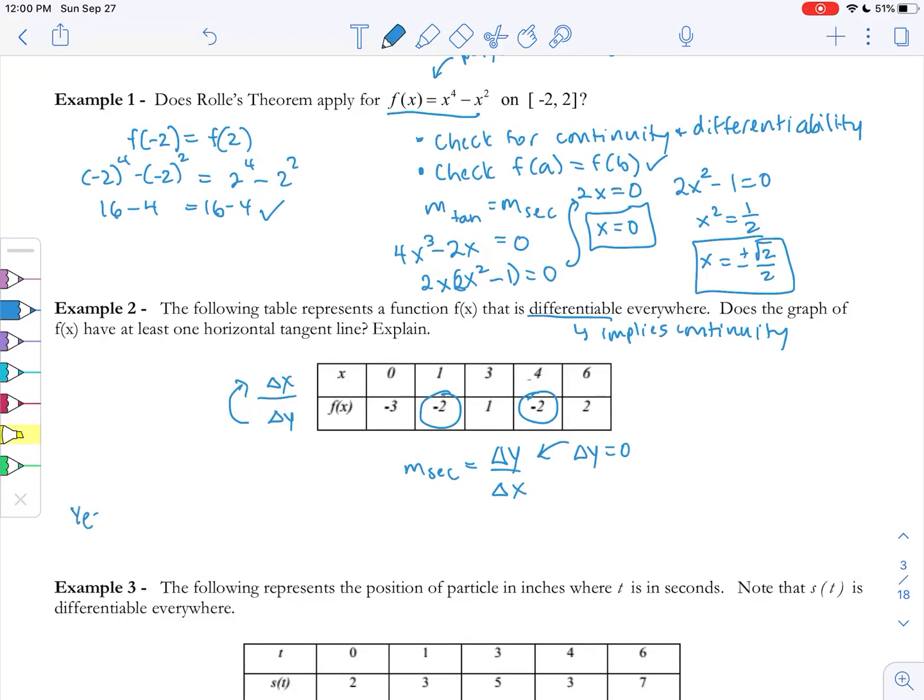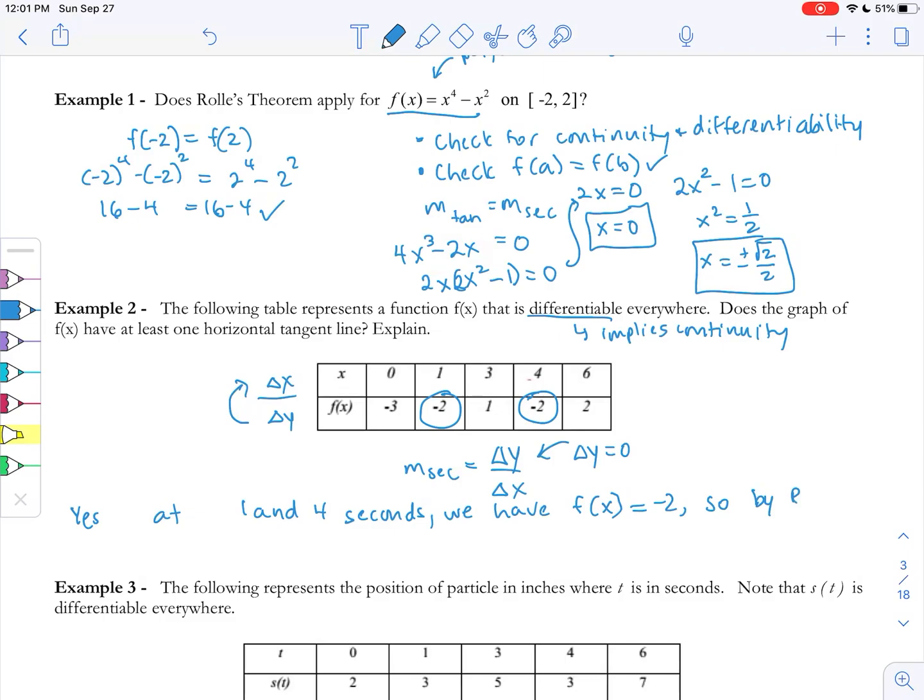So yes, actually, let's say instead of between, we should say at 1 and 4 seconds, we have f of x is equal to -2.